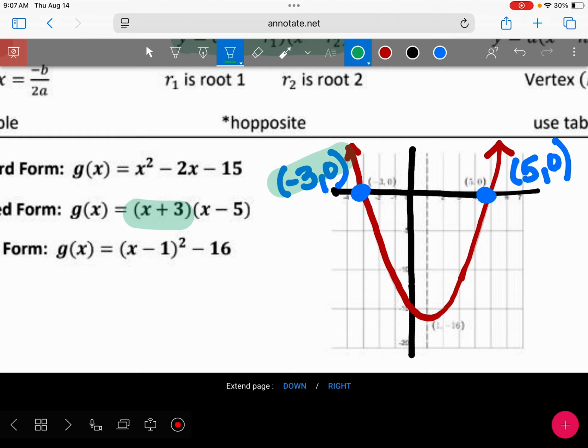It flips the sign. Notice that here it's a -3, but in the parentheses, the factor is a +3. Same thing happens with the 5. The +5 flips to a -5. And that's what happens when we go from factor form to our solutions. All right, it's going to flip the sign.